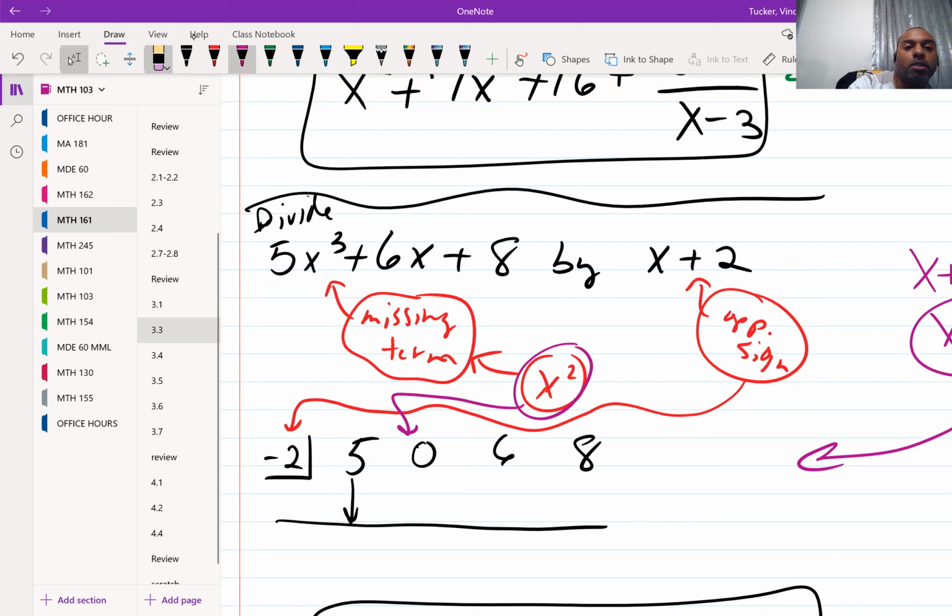All right. So go ahead and bring down your 5. I'm going to take this -2, multiply, and then take the result up. It's going to be -10. Add these together. There'll be a -10 down here. -2 times -10 is +20.